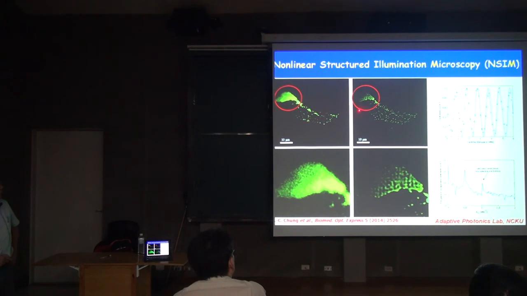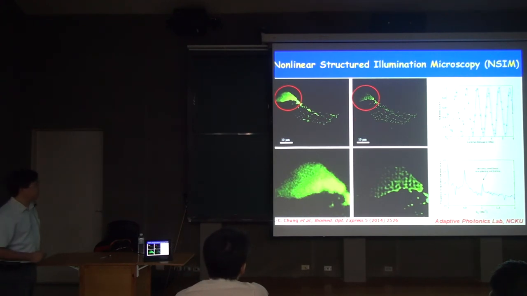So here you can see we drop the 200 nanometer fluorescent nanoparticle on the slide. If you use temporal focusing microscopy, the resolution is around 400 nanometer, as I mentioned before.